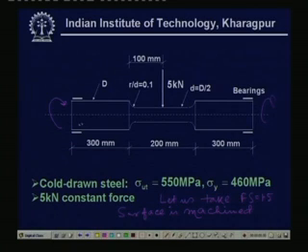And other data: we have cold drawn steel, 5 kilonewton constant force, then sigma ultimate 550 megapascal, sigma yield point 460 megapascals.